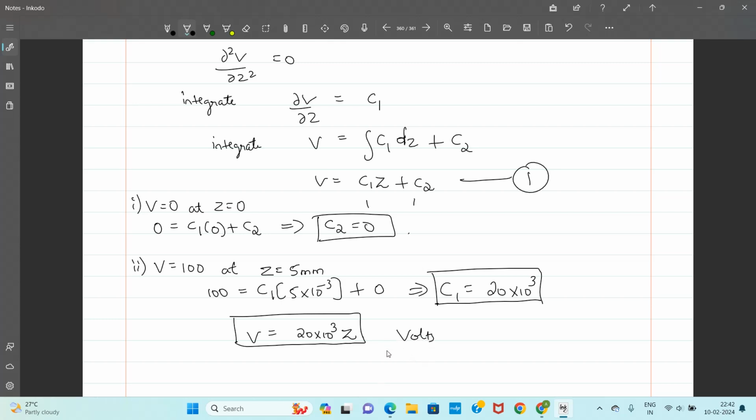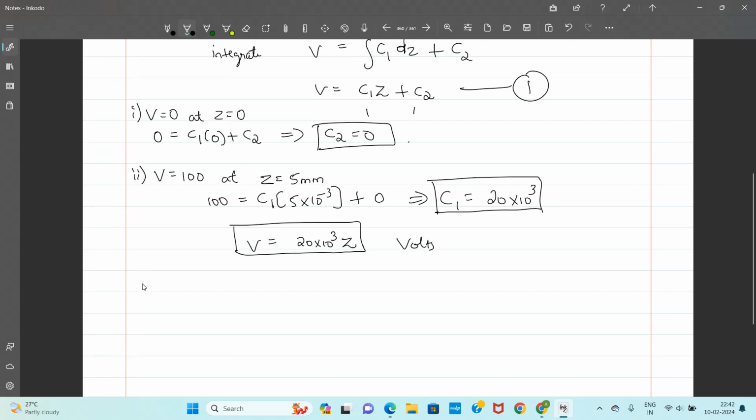Now once I know the potential, the next thing I'm supposed to calculate is intensity, which is minus del V. And again, you have to now write the equation for del V, which you have seen in module 2, the gradient of potential.